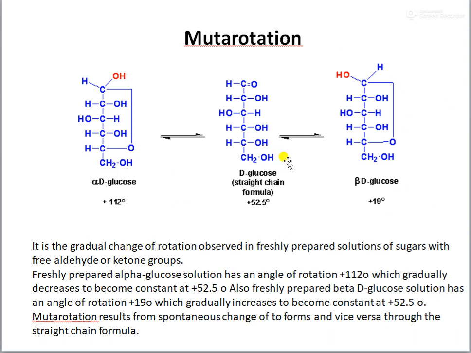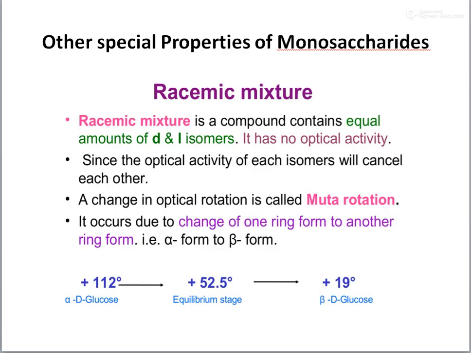When it shifts from the alpha to the beta form, this change of specific rotation happens until it reaches the equilibrium stage. In a racemic mixture, which contains equal amounts of the DL isomers as well as the alpha form and the beta form, that is referred to as the racemic mixture.